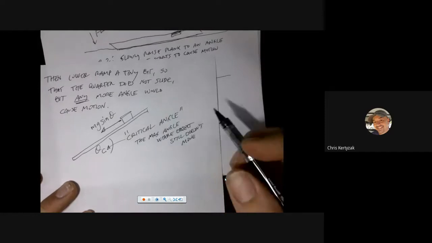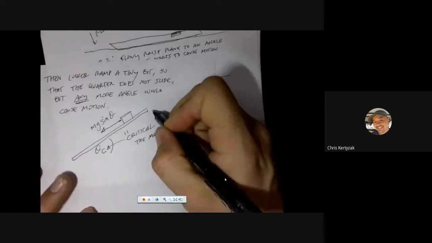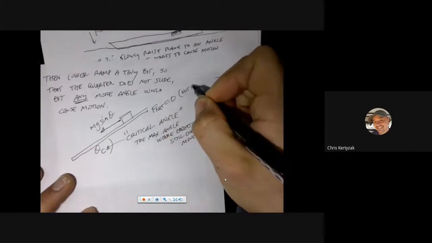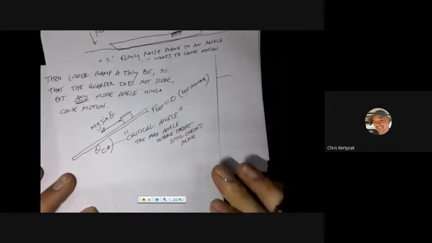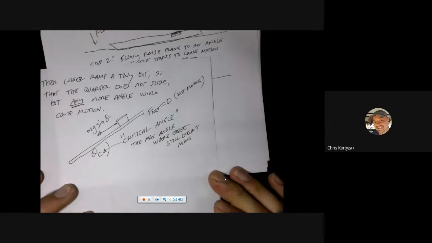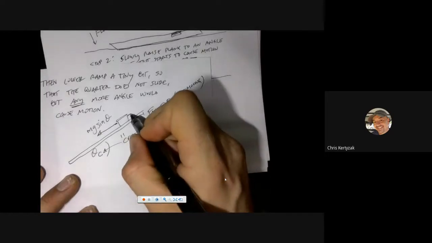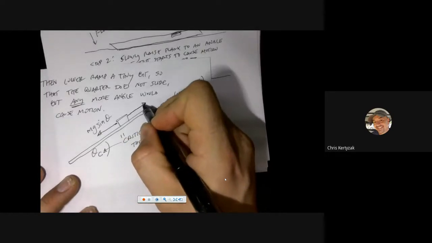If it's not moving, then we would say that the net force is 0. Right? It's not moving. That means there must be a force in the opposite direction of mg sine theta preventing this motion. Let's draw it in. Who would that be?